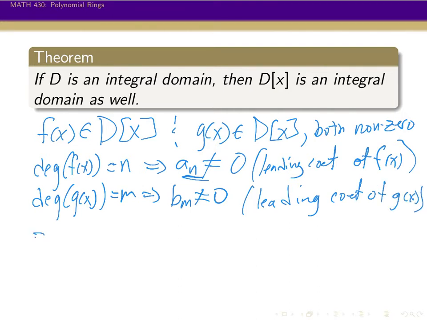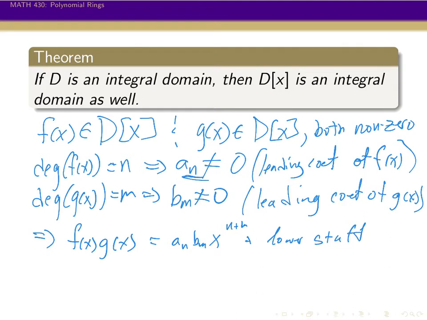Well then, if we look at f of x times g of x, the degree of this is going to be n plus m, and the leading coefficient is going to be the product of those two, plus lower stuff.